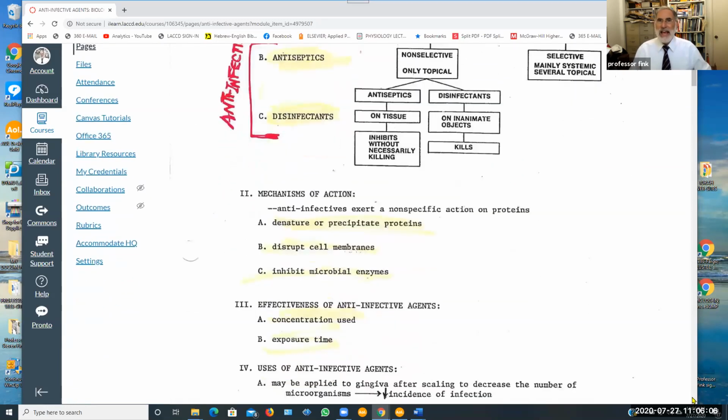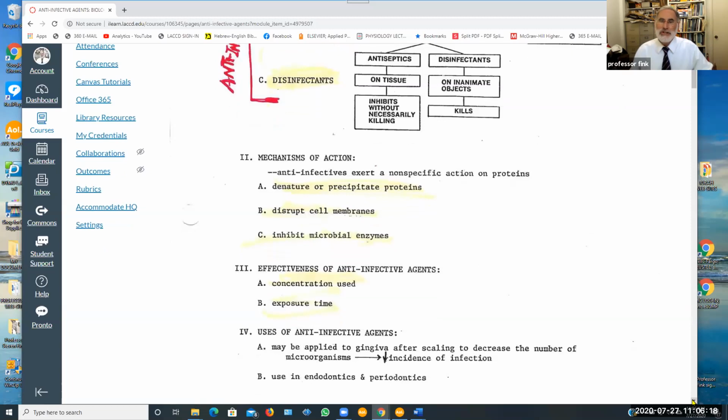Now, the way that the antiseptics and disinfectants, or collectively anti-infectives, work is they primarily exert a non-specific action on proteins. Basically, they cause denaturation of proteins. They cause proteins associated with that microorganism to become disrupted and stop functioning.